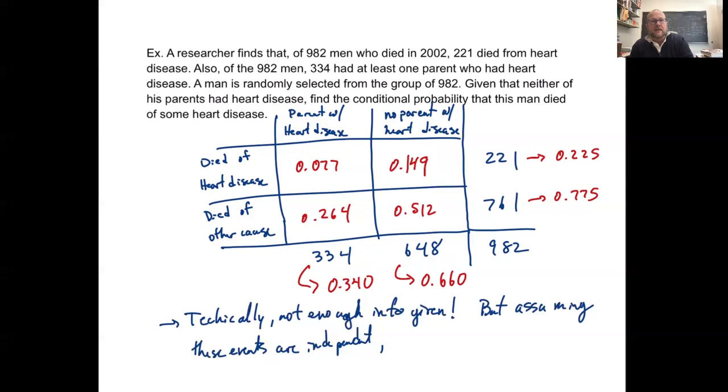The probability that the man died of some heart disease, we can calculate, and we don't have to do all this stuff here, right? If we are assuming independence, the conditional probability is going to be the 0.225.